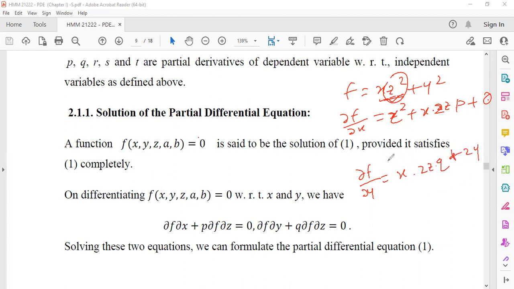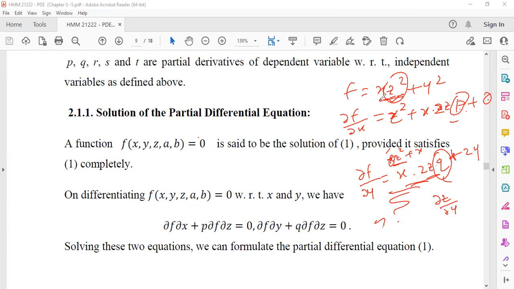So in the x part, x times z squared, this time it will be 0, plus I can take the other uv form. The u part is 0, the v part will come now. Wherever I want to write ∂z/∂y, I can use q. Wherever I want to write ∂z/∂x, I can use p. This is what we're going to use here.